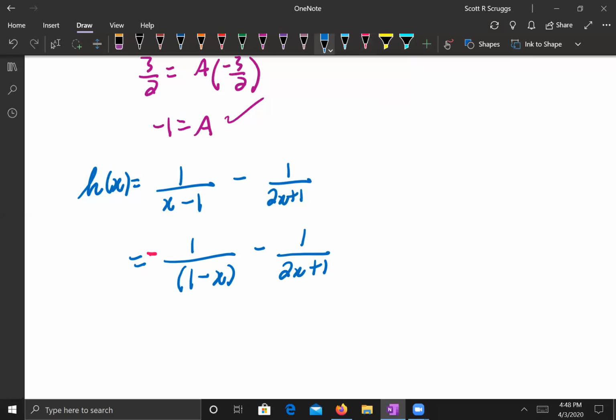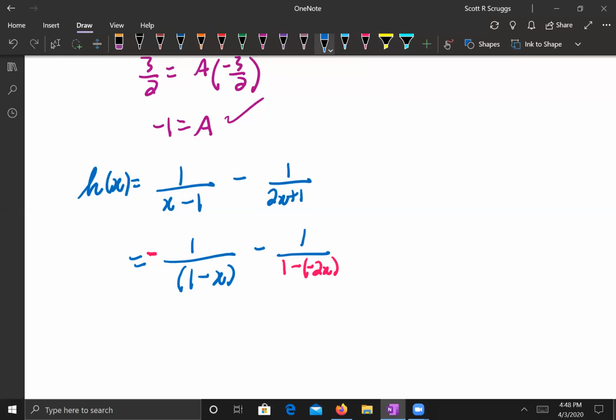And my other rewriting is with this denominator. I can rewrite it, moving that 1 up front, because I have 1 plus 2x. I could do 1 minus negative 2x.